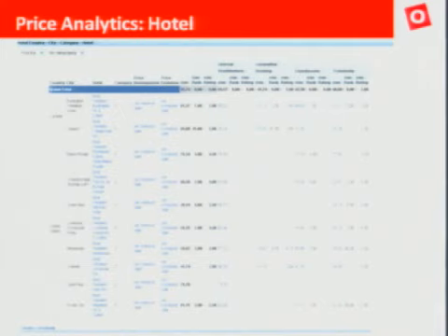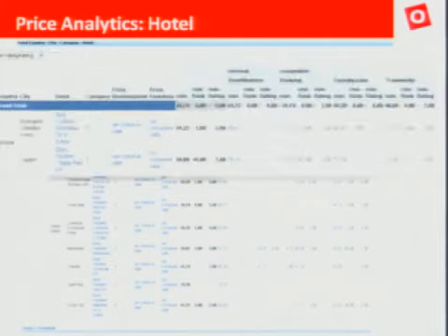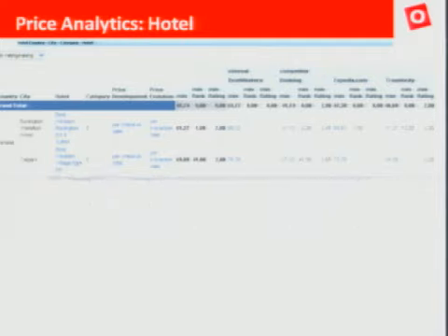One of the interesting things that we do is that we combine information about price, about page rank. So where do my products show up on different distribution channels? That's interesting for understanding why one channel performs better than another channel, and also customer evaluations, as you can see here.